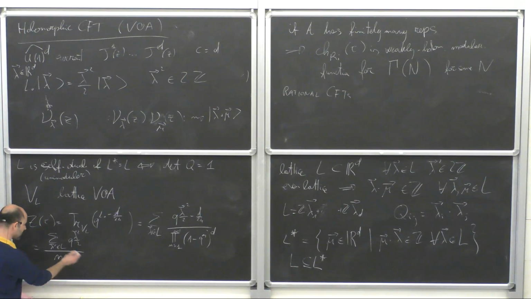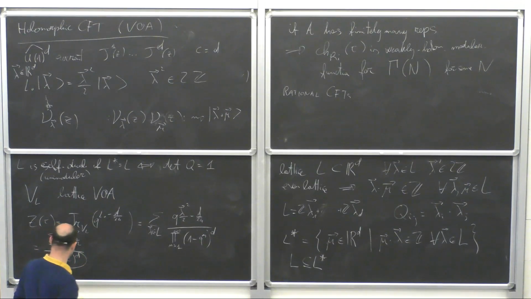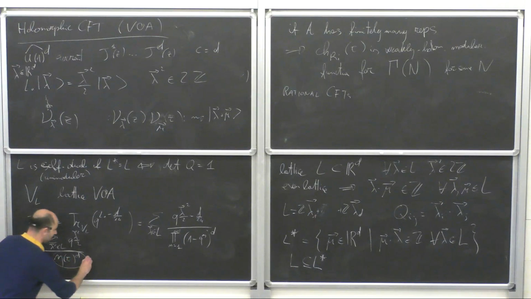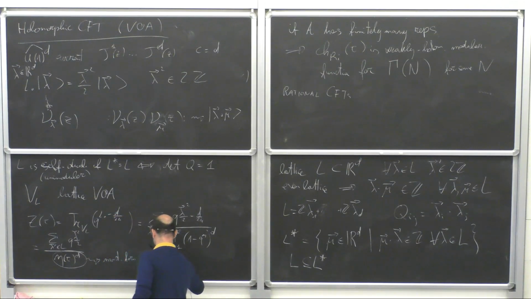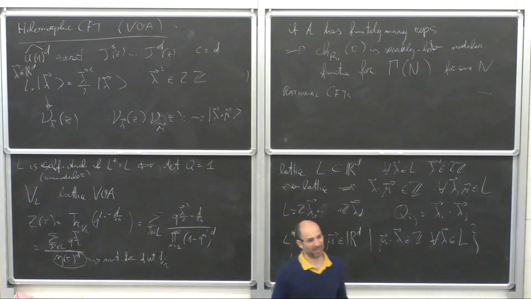So eta(tau) to the d is a kind of modular form. We know that eta(tau) to the 24 is a cusp form, so that's an honest modular form. If d is not 24 or a multiple of 24, this is a modular form of weight d over 2, but with a multiplier.